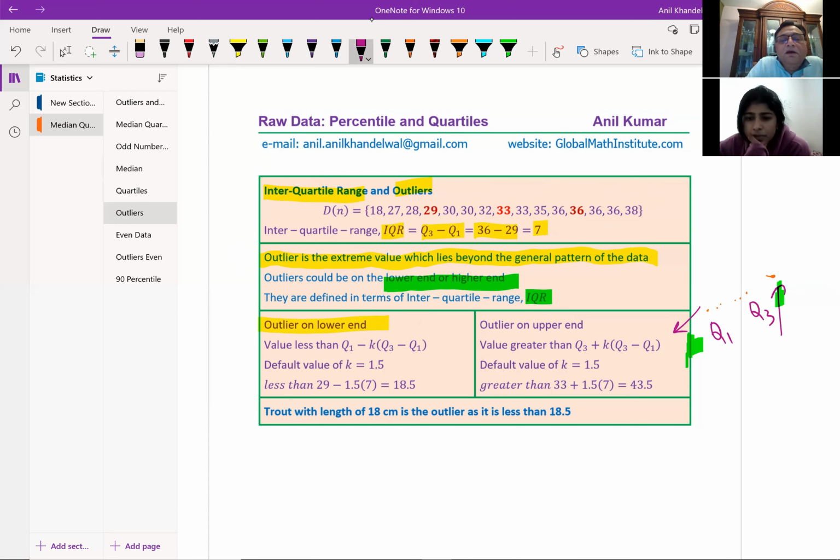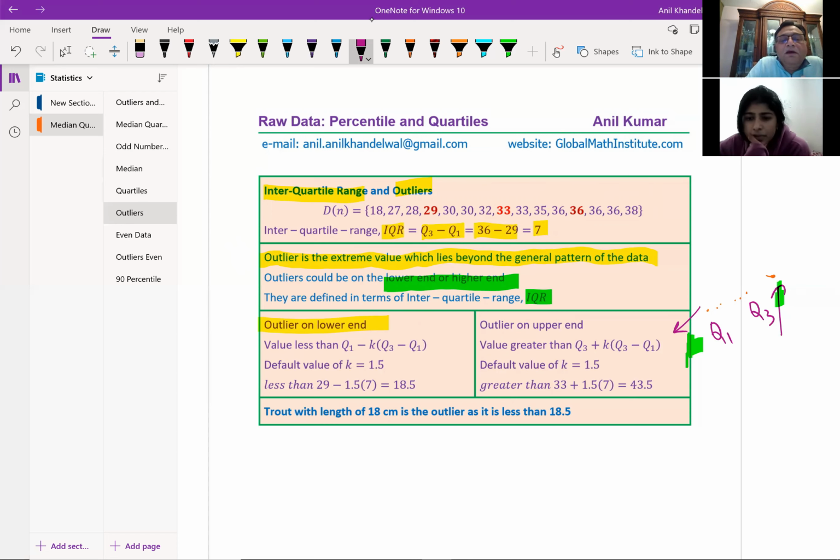So the lowest point in this case, which is 18, is an outlier. 29 minus 1.5 times 7 gives you 18.5, so we'll accept all the values from 18.5 and greater. Anything less than 18.5 will be an outlier.